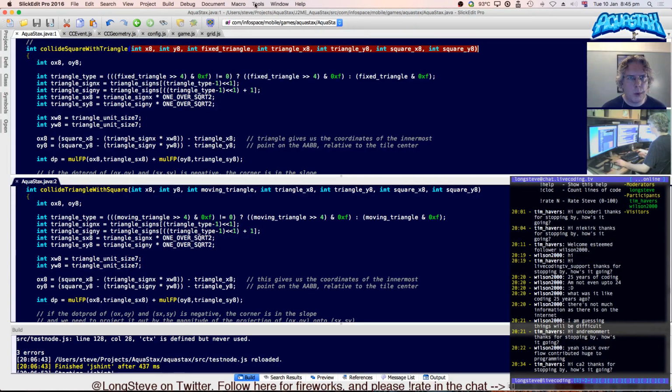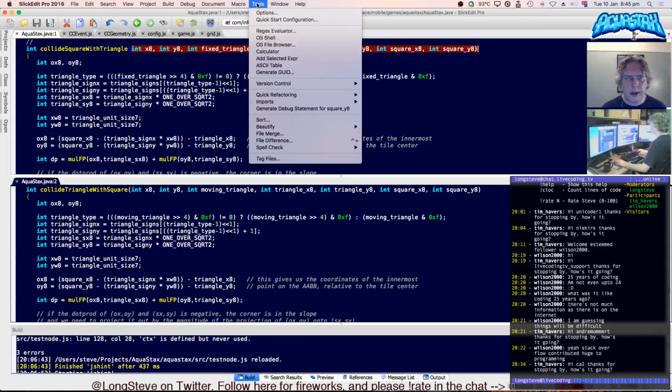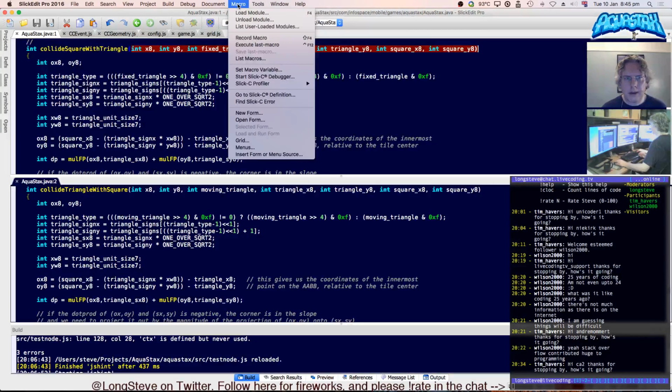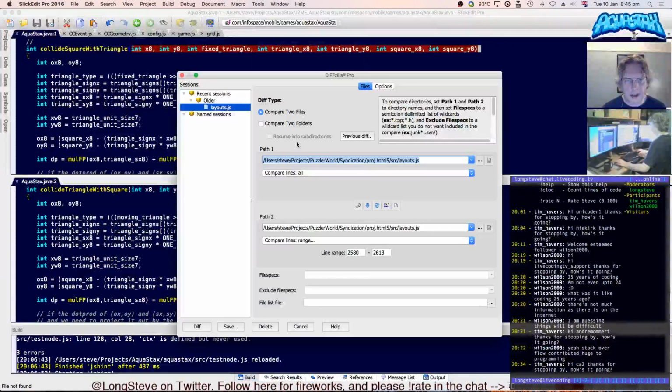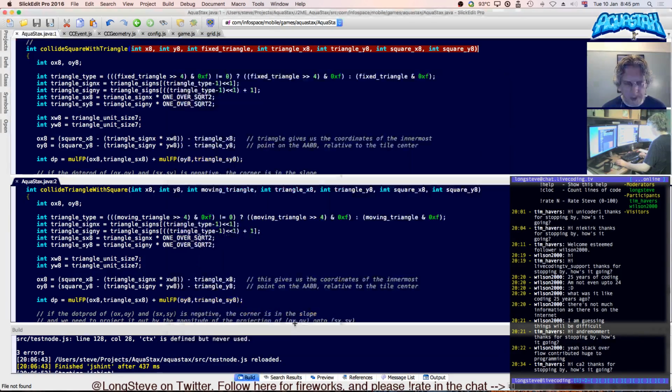Can I use file difference? Does this check? Can I compare? Oh, I don't want to compare files. I want to compare selections. That would be rather good, wouldn't it? I could actually copy and paste these into two separate files and do a file compare.